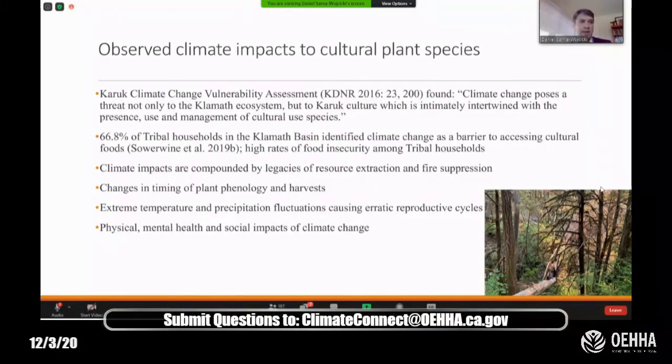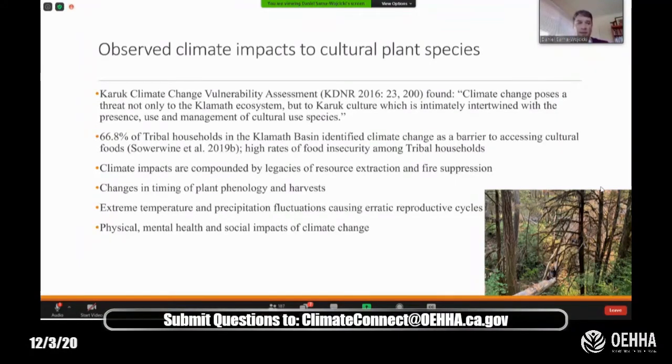So what we're seeing in interviews and focus groups with cultural practitioners is that they're already reporting changes in the timing of plant phenology, and that affects their ability to harvest cultural species. For example, willow roots and stems, which are used for basketry, depend on regular winter flood scouring for exposing roots and recruiting seedlings and saplings and producing new growth with straight shoots. And that's just not happening for cultural practitioners.